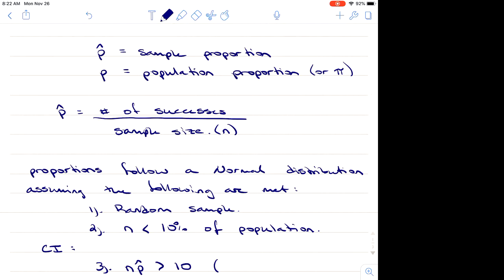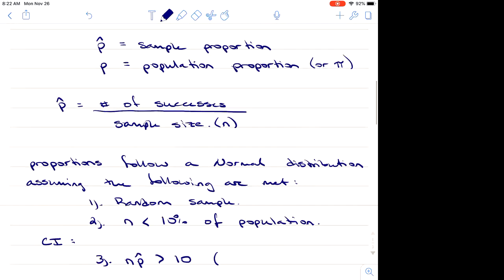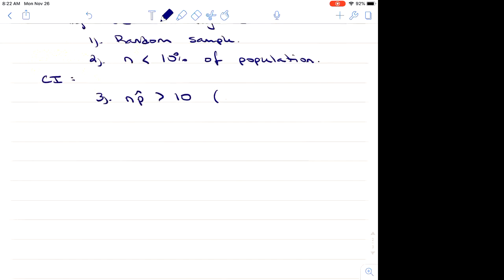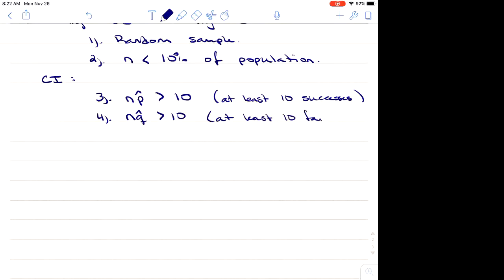So really, I just need to make sure that I have at least 10 successes and 10 failures is the second condition. So at least 10 successes. And the fourth one is that n times q hat is greater than 10, at least 10 failures.